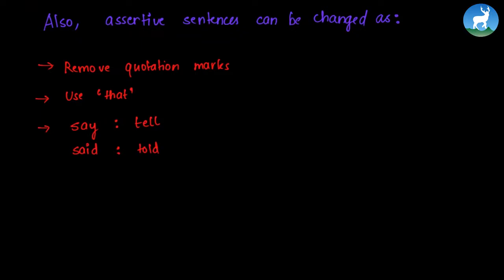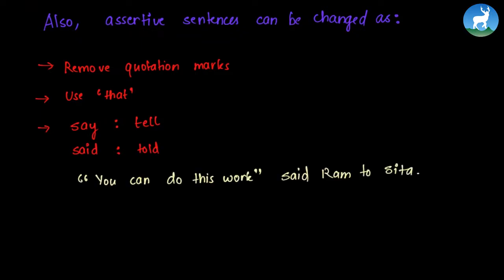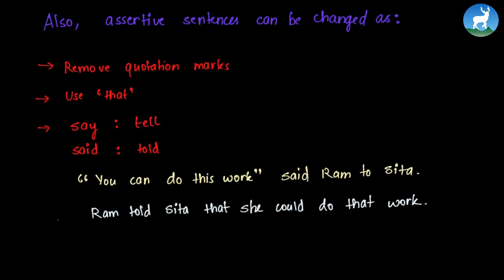Let's see some examples. "You can do this work," said Ram to Sita. We change the sentence to indirect form by saying that Ram told Sita that she could do that work. So here, said is converted to told, can is converted to could, and this is converted to that.